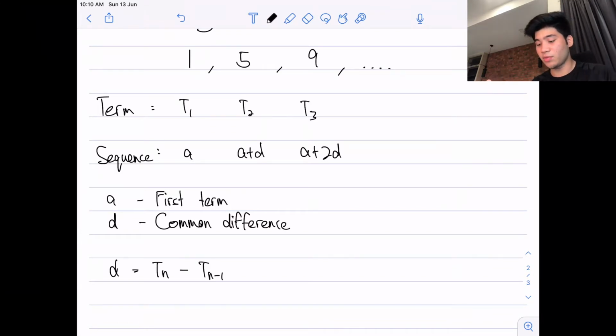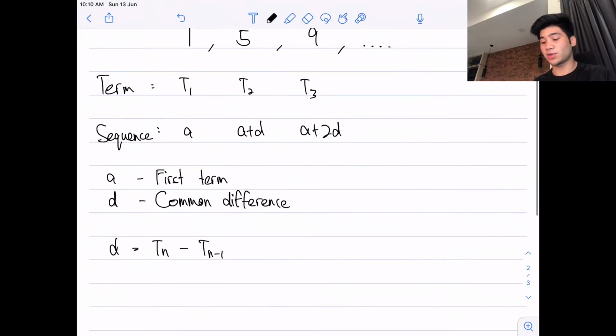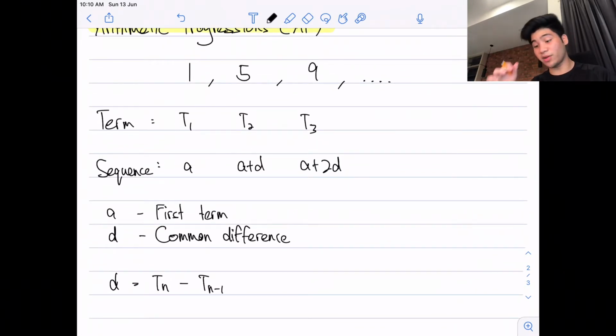That means we would have to take the term after, and subtract the term before. So let's say I wanted to find the common difference of this progression. I could take term 2 minus term 1, which is the same thing as 5 minus 1. Therefore, our common difference would be 4.